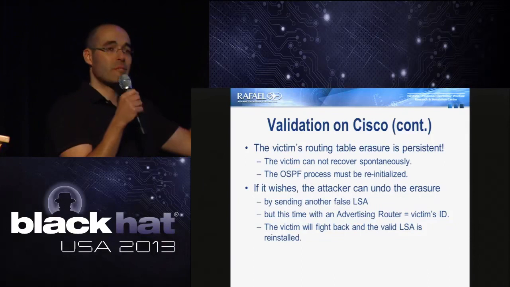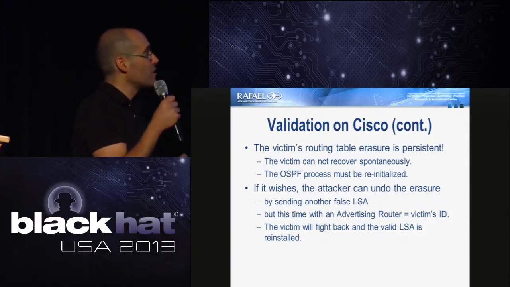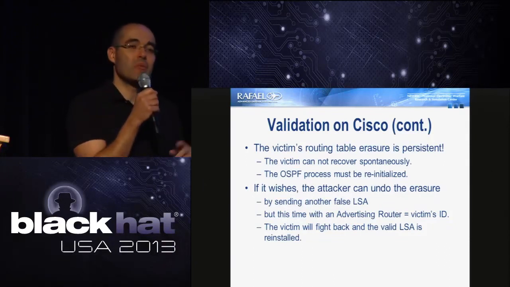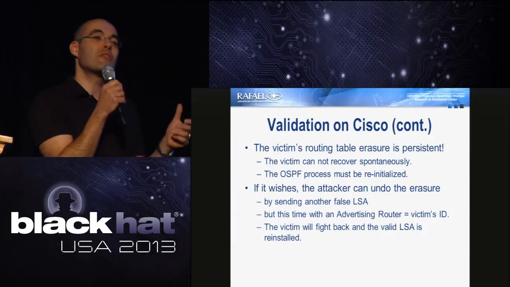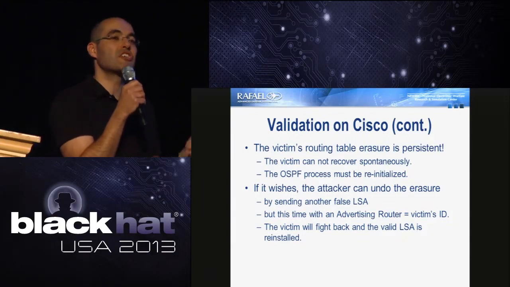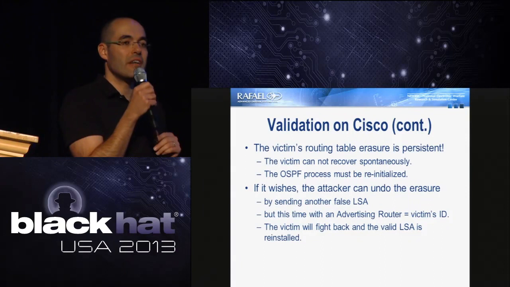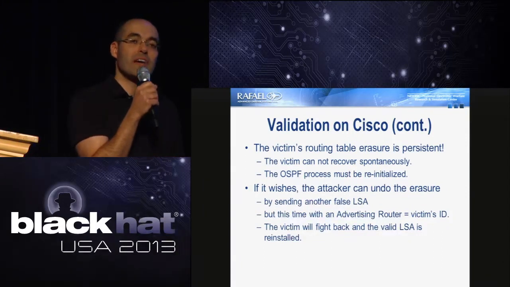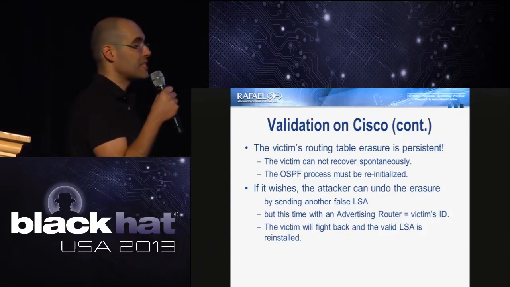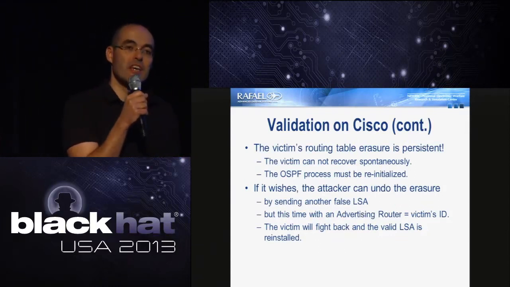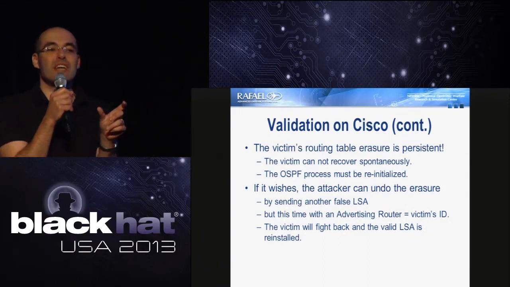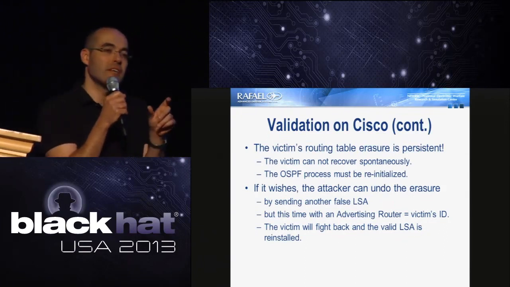So this was a very persistent erasure of the routing table, and now the nice trick about it is that the attacker itself can actually undo this erasure and undo the entire attack effect by simply sending another false LSA, but this time with the correct advertising router ID.